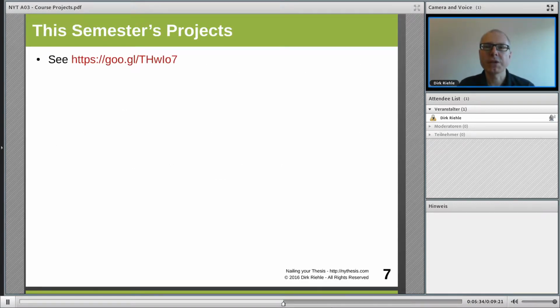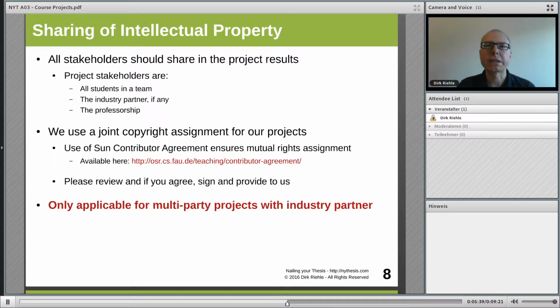The projects for the semester can be found here, and we will be discussing them right after this slide deck. The projects we provide are typically from our own research projects. If it wasn't so, our interests would perhaps be limited, unless it's some outside company which provides us with really interesting research data, in case of which we would allow for companies to provide such project ideas and the corresponding data.